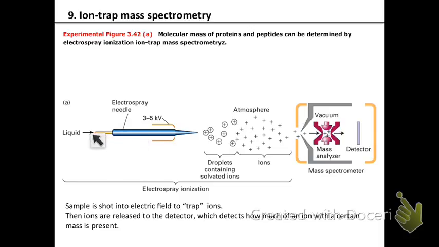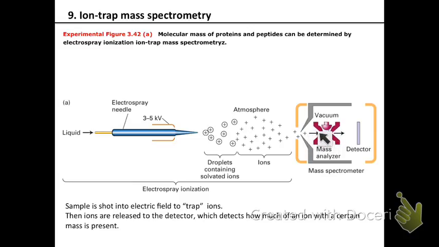So you have your samples in a liquid, and you put it in this needle, and this needle sprays it out, and this electrospray ionization basically ionizes each of the peptides, each of the proteins, in little droplets. So each droplet is going to contain the ion, right? And then these droplets, these ions, are put into the mass spectrometer, where there is a mass analyzer.